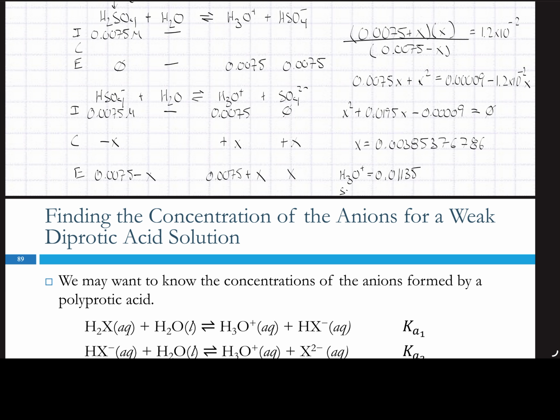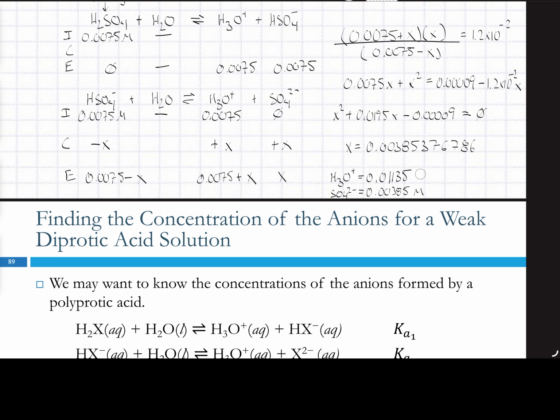My SO4 2 minus will be 0.00385. And then negative log is 2.41, is the pH.